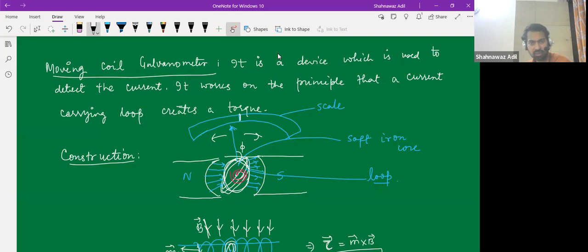Draw it here now, but you also consult the NCERT because my drawing is a little bit bad. Sir, can you please scroll down?